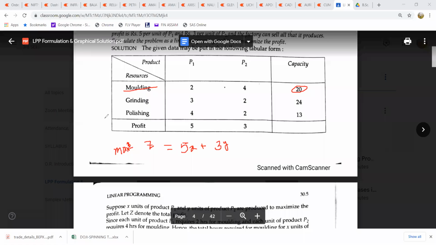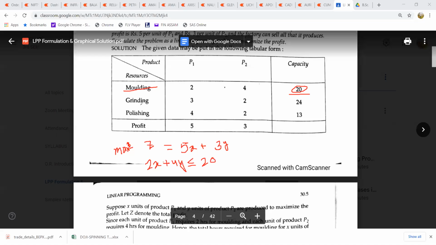So the condition for molding will be 2x plus 4y, and it can run up to 20 hours. Capacity means maximum capacity is given, so it should be less than or equal to 20.